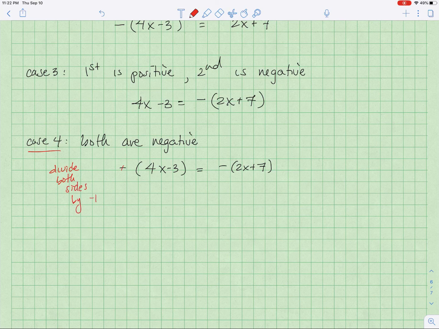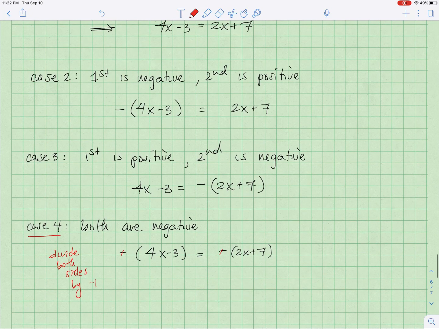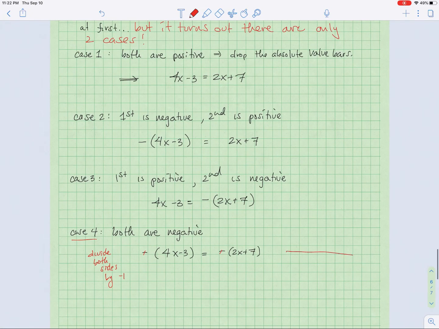And what would happen there? Well, those would both become positive. And then this is really the same equation. So case 1 and case 4 are really the same case. Case 1 and case 4 are the same equation.